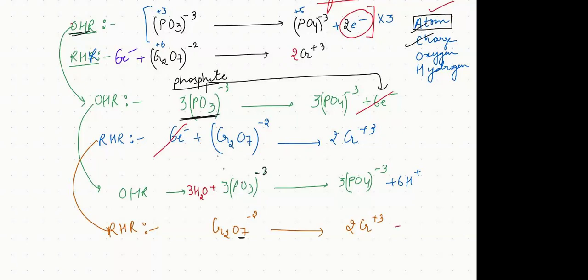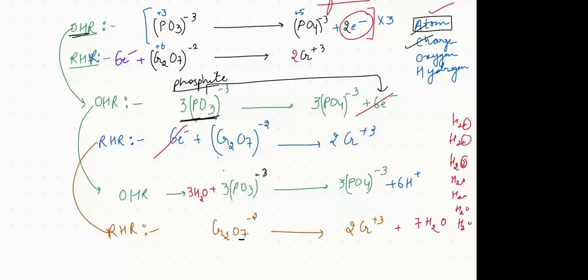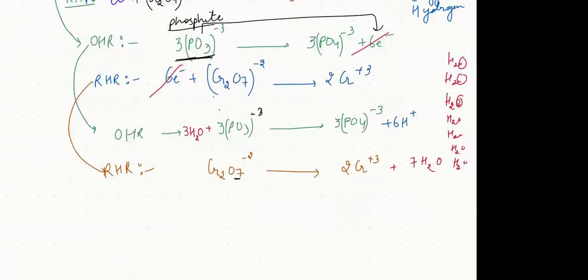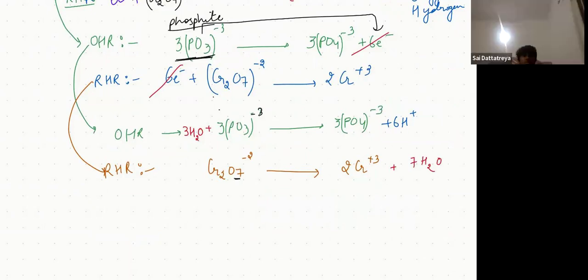So to balance 7 oxygen, I'm going to add 7 water molecules, because every water molecule has 1 oxygen. So 7 such water molecules will have 7 oxygens. And because I'm introducing water 7 times, I am adding H. You understand the point?